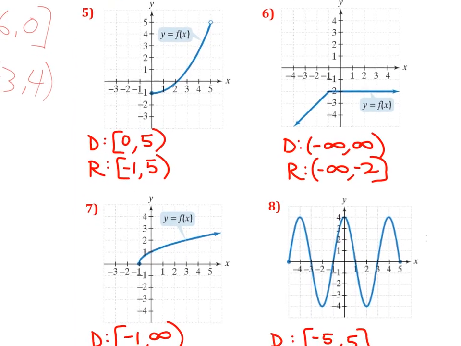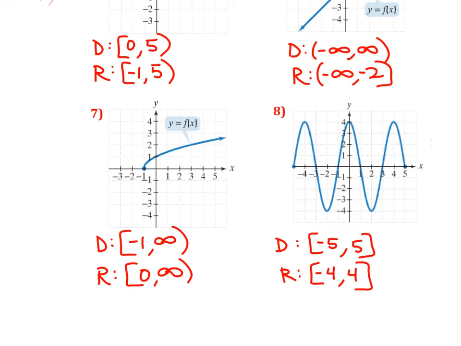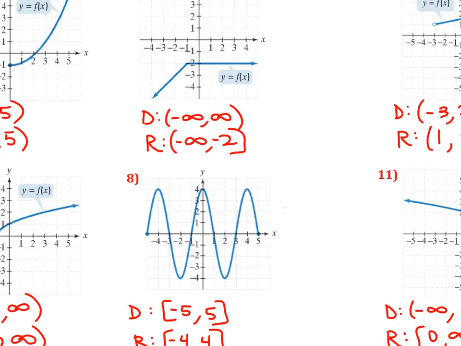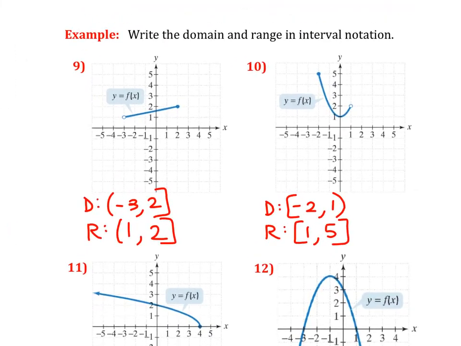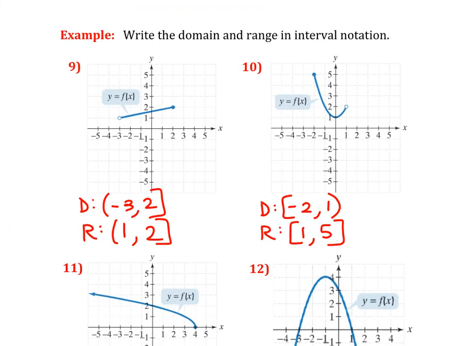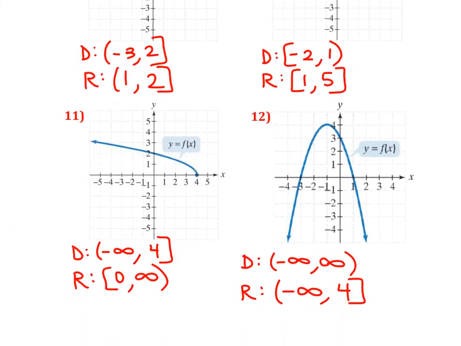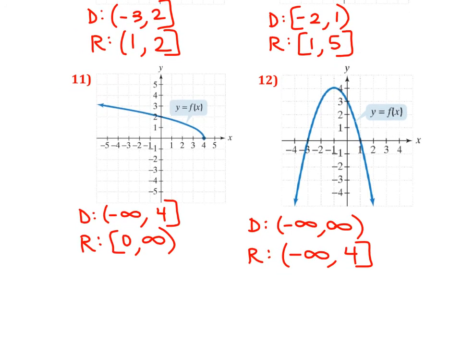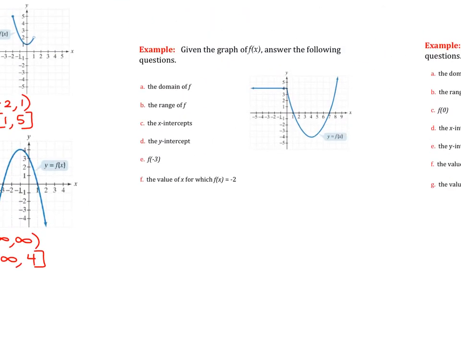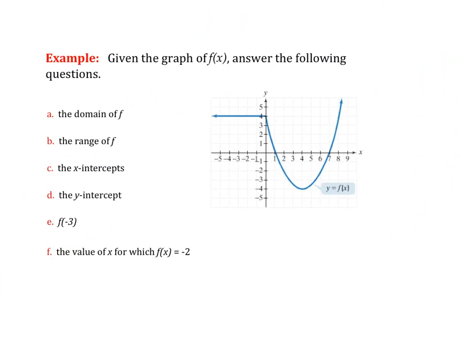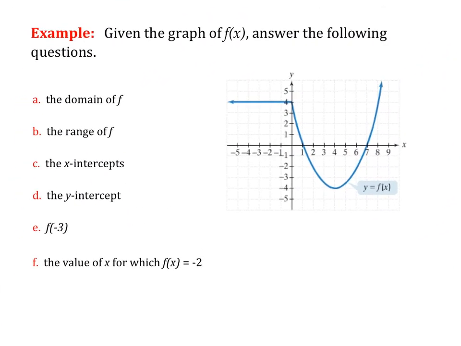You're always looking for the furthest left and furthest right for your domain, and then the furthest down, furthest up, or the lowest and highest for the range. You'll see what the domain and ranges that correspond should be. Now let's go backwards from a funky looking graph.